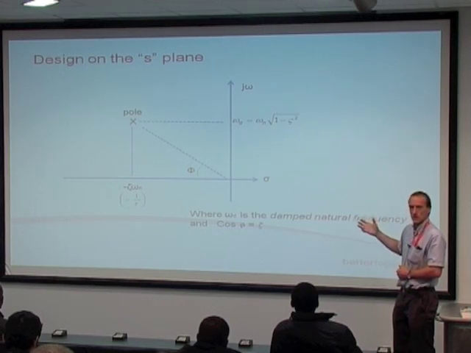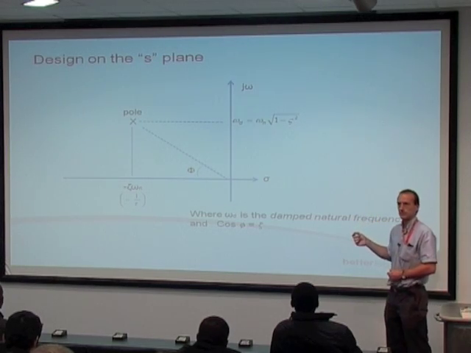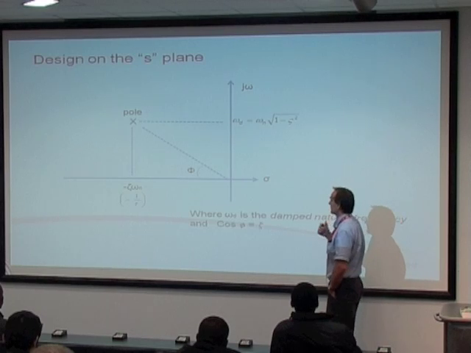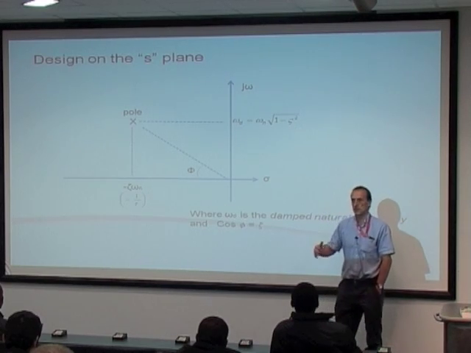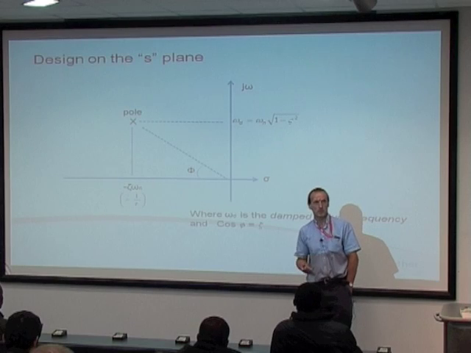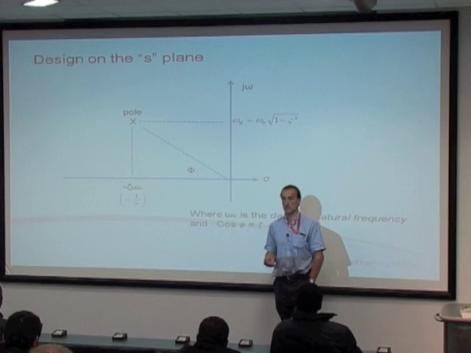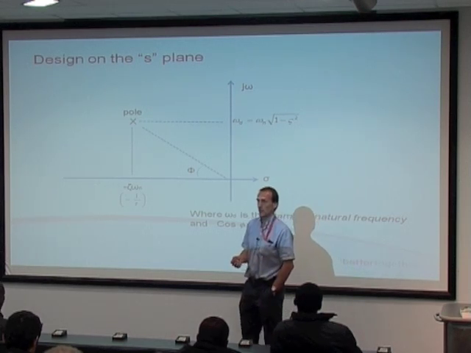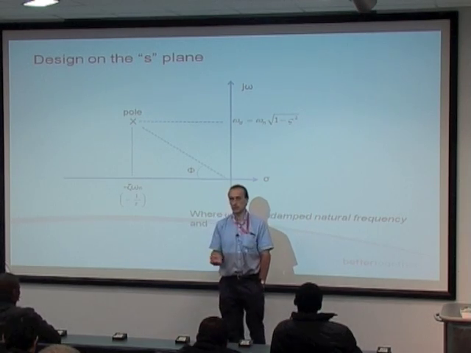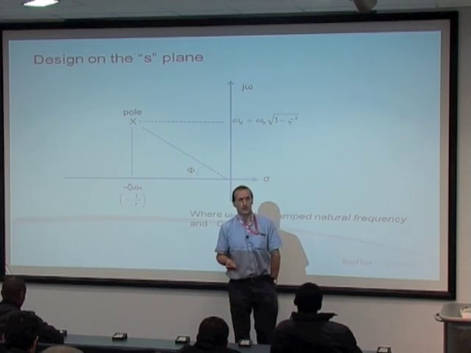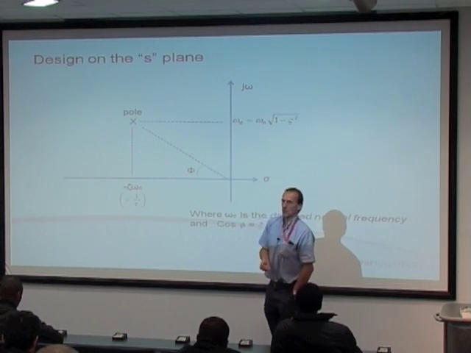And we've briefly touched on using this as a design tool. Now, the trouble with that is that in terms of design specification, we tend to talk about things like settling time and rise time. Okay, cast your mind back a few weeks when we were talking about those terms. Anybody remember what settling time is?